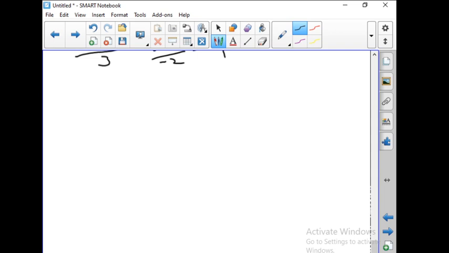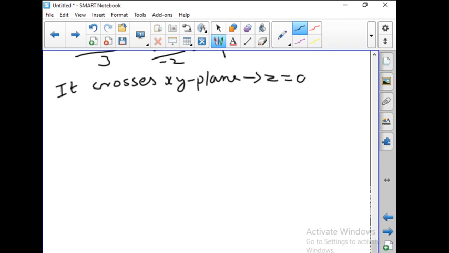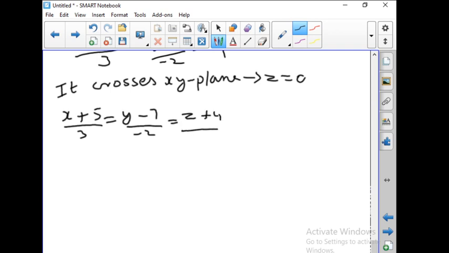Now it is asked to find the point where the straight line crosses the xy plane. Crosses the xy plane, so it tells us that z is equal to 0. Now we have (x plus 5) by 3 is equal to (y minus 7) by minus 2 is equal to (z plus 4) by 1 is equal to t.